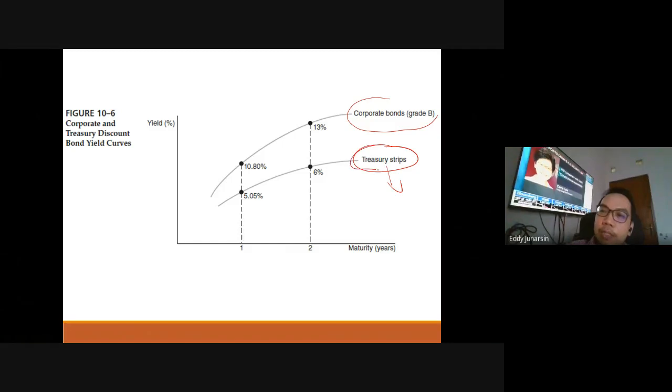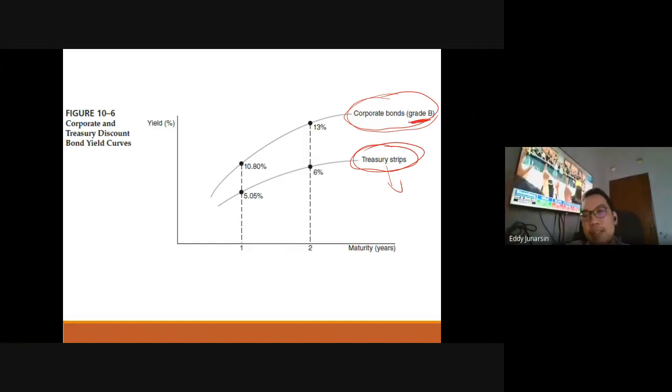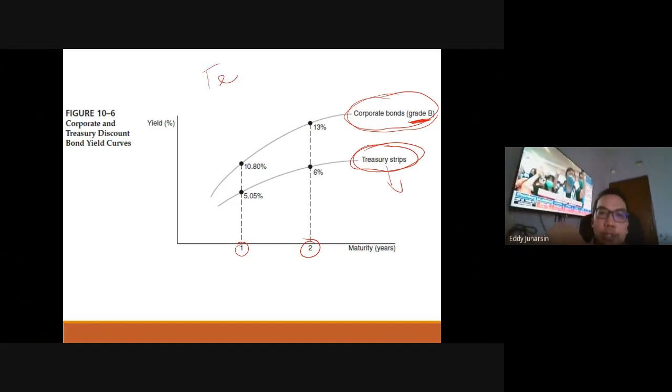So the T strips, and this is the corporation bond, or corporate bonds, like grade B. Grade B is not that bad, but not really good. That's just a normal one. And you see here, this is for a maturity of 1 year. This is for a maturity of 2 years. This we call the interest rate term structure.